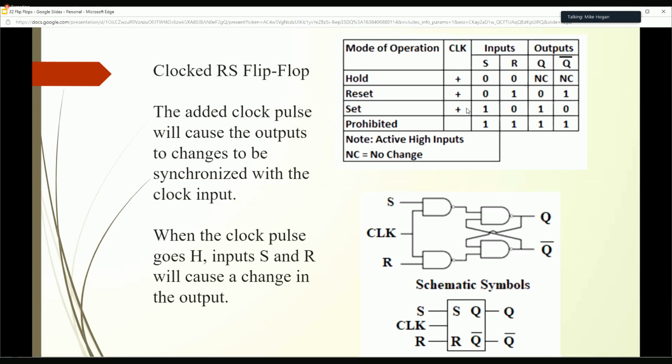So if we look at set, I get a 1 on S, and so that's active. I'm getting a 0 on R. So I've only got one active input, that's set. And then that's going to give me a 1 on Q at my next clock pulse.